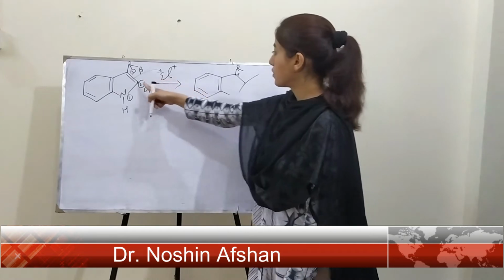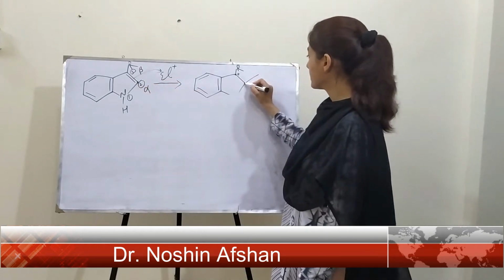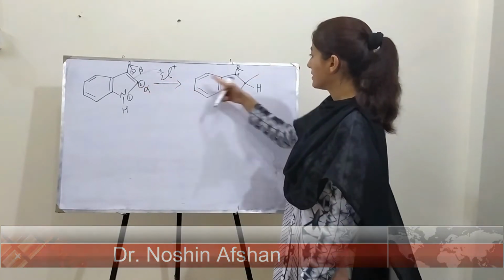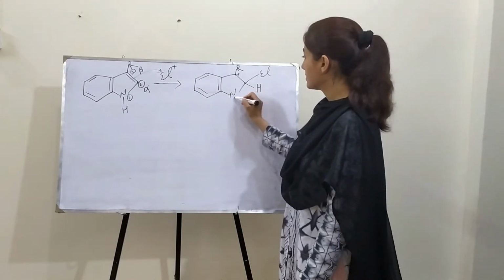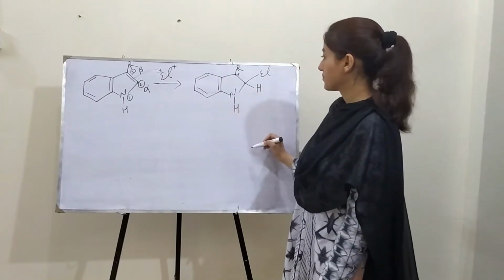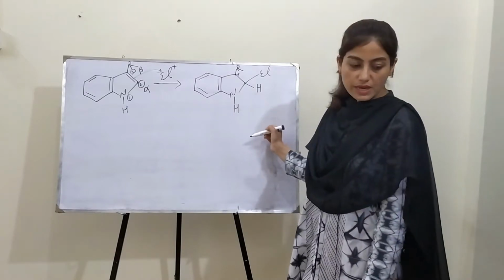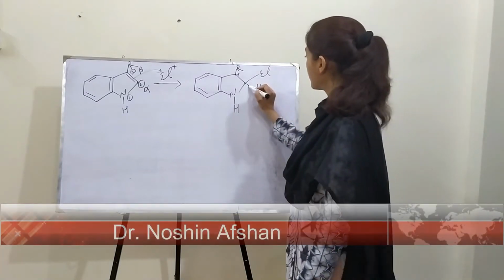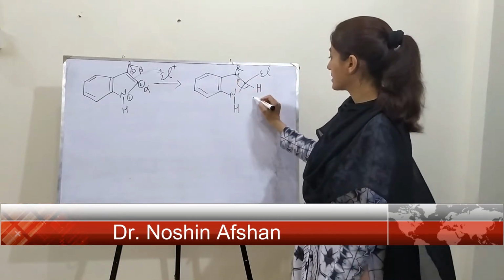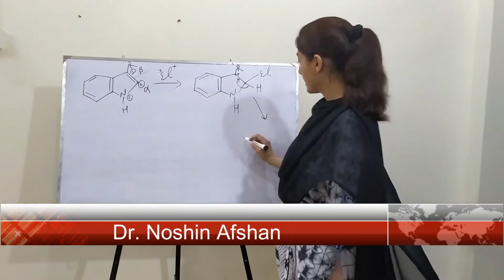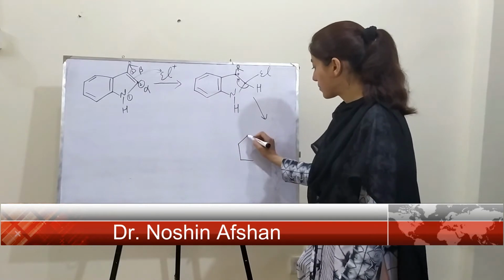And here there is already one hydrogen present over here, this one, and this electrophile is shown here. Here the nitrogen is attached with hydrogen. So now what would happen that this hydrogen, this bond would be shifted along this position and we will get our final product.